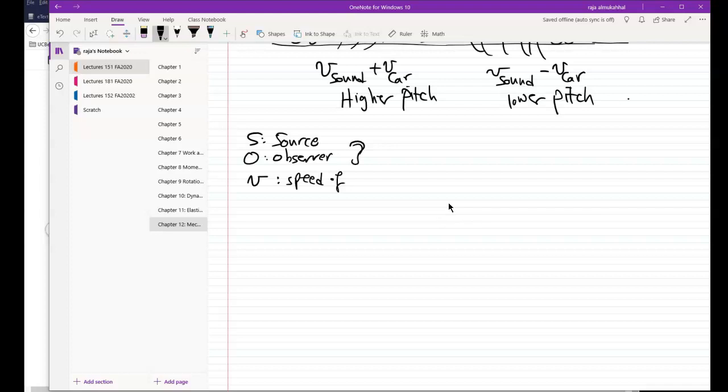Just V, which is a number, 345. And then V sub S is the speed of the source, and V sub O is the speed of the observer. Okay, these are the notations that we're going to be using. They're slightly different from the book, but those are the ones that I'm used to.